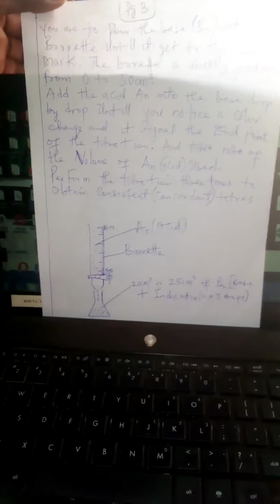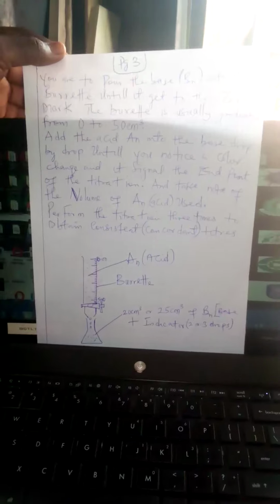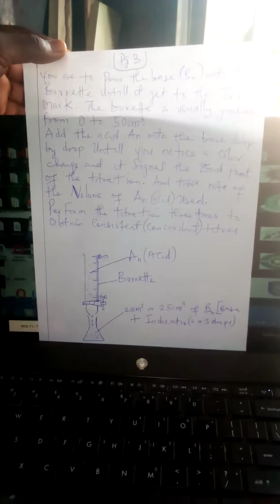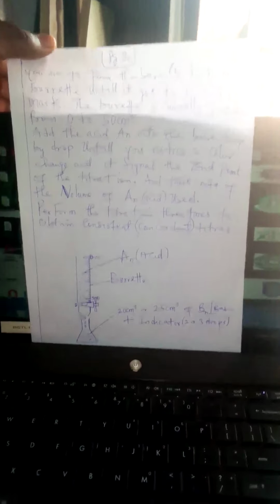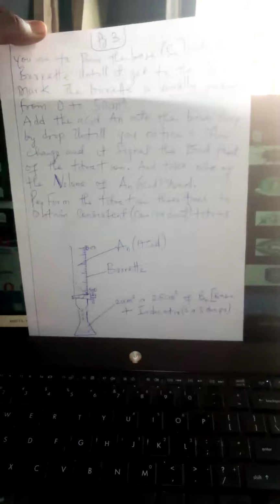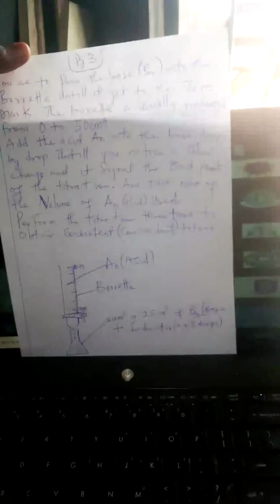What I'm saying is, immediately you get to the 0 mark, that will be your initial reading. So you start putting the acid, that is An, little by little into Bn. Bn is already, you already pipette Bn, that is 25 or 20, and you have added 2 to 3 drop of methyl orange indicator.